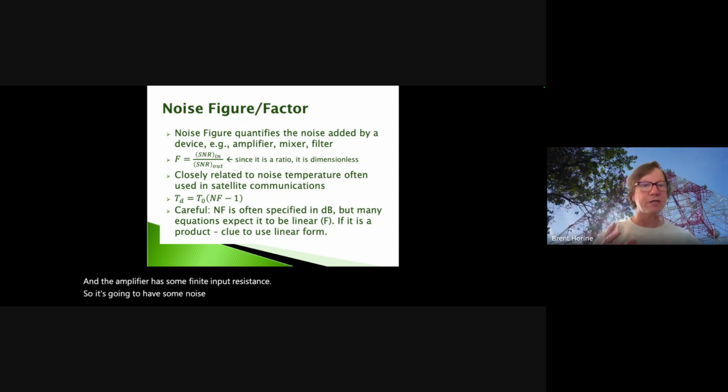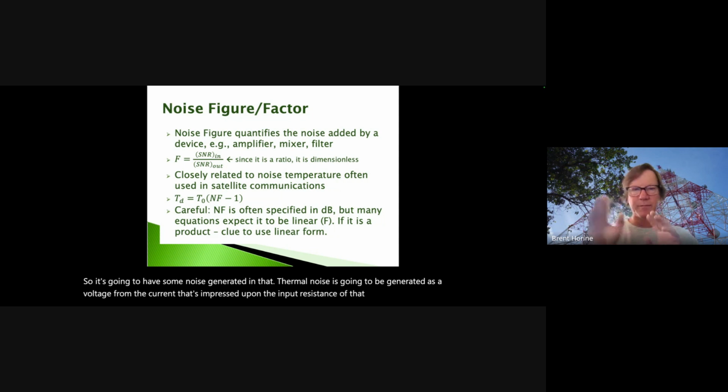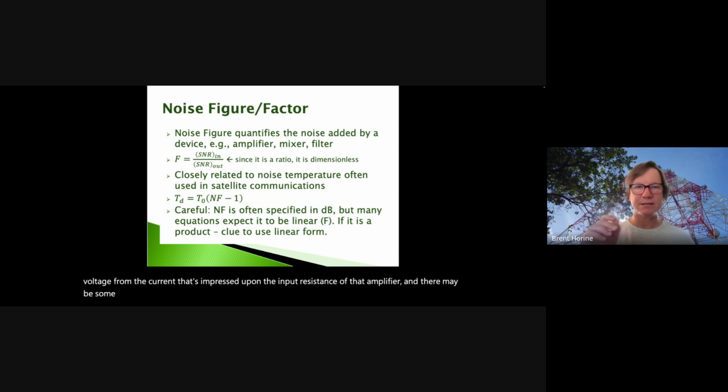That thermal noise is going to be generated as a voltage from the current that's impressed upon the input resistance of that amplifier. And there may be some other sources of noise inside the semiconductor. If you've taken an advanced semiconductor course, you may have studied some of that.